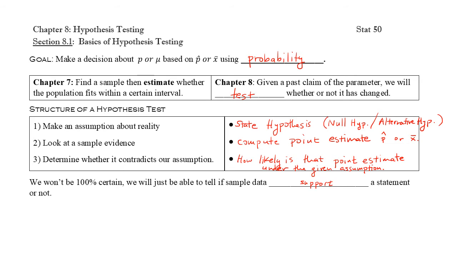Depending on how that sample data comes out, it could be in support of what our hypothesis is or not. And we'll go into a lot of detail about how to make that judgment call at the end and how to interpret the result that we get.